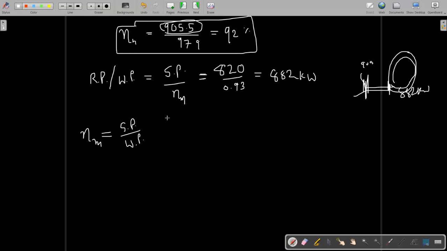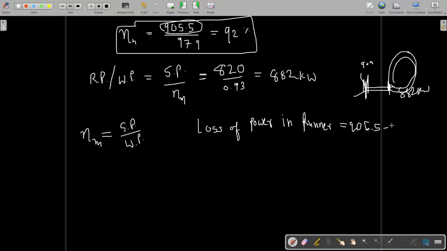Here you can easily find out the loss of power in the runner or wheel, whatever you can say, that is 905.5 minus 882.